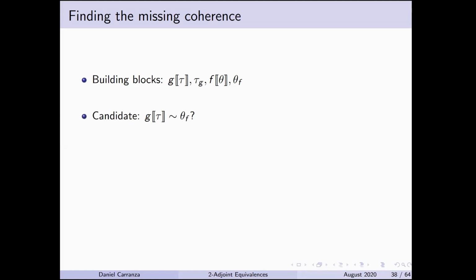So one possible candidate for a coherence is that g tau is homotopic to theta f, right? This is the thing that I would have tried, and that I did try to find this missing coherence. And this again is bad. This does not type check.